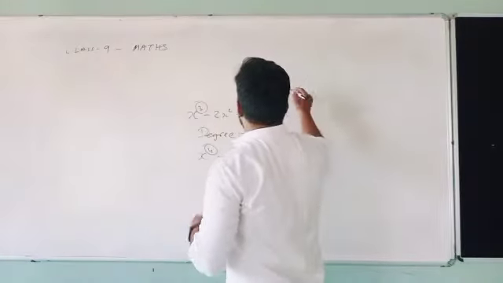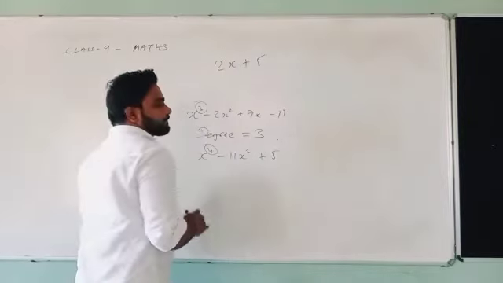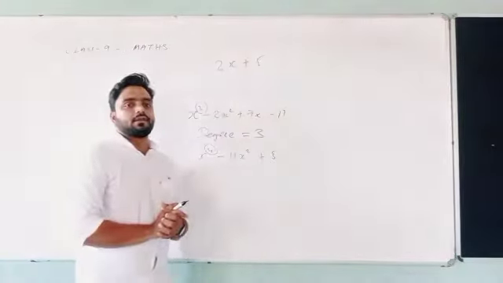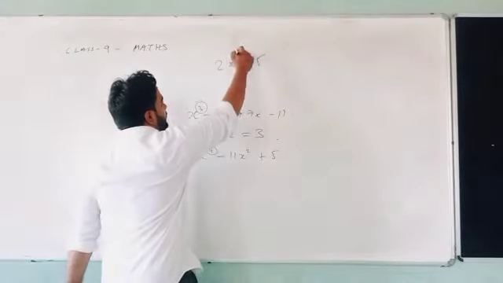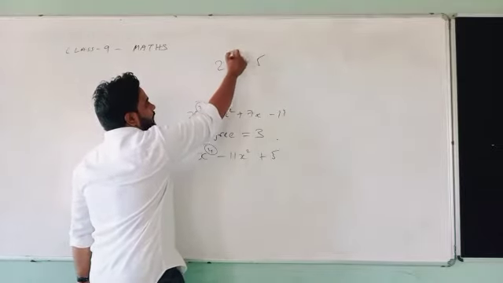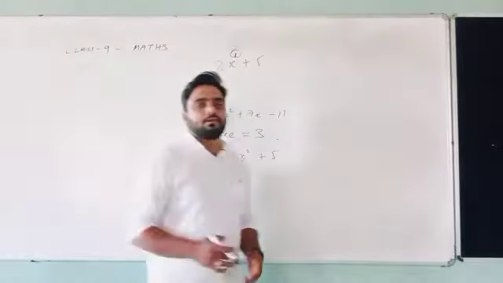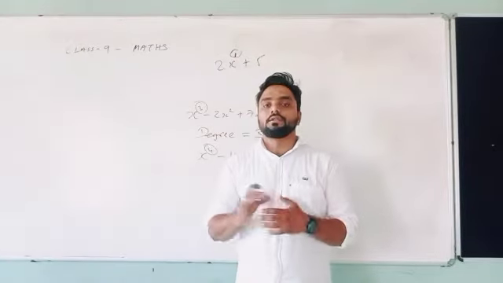Suppose I am writing one example, 2x plus 5. Just concentrate here. What is the degree of the polynomial? The power of x is 1, so the degree of the polynomial is 1. So you can consider it a linear polynomial.